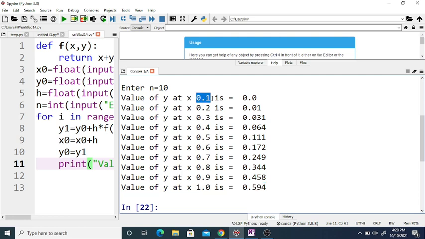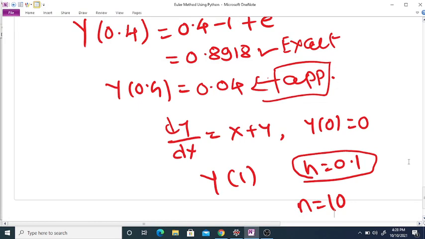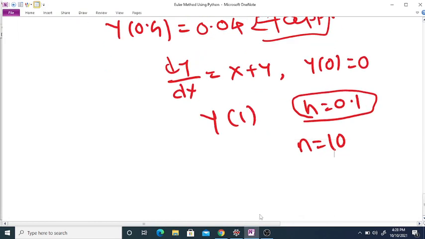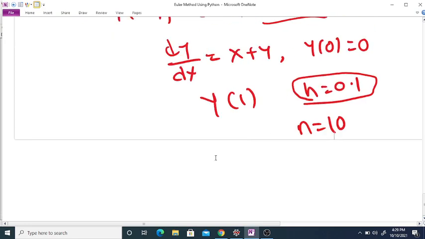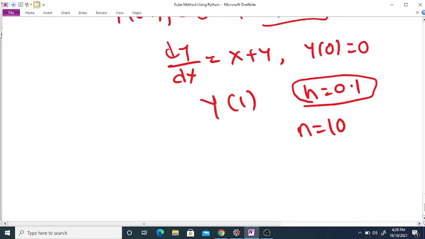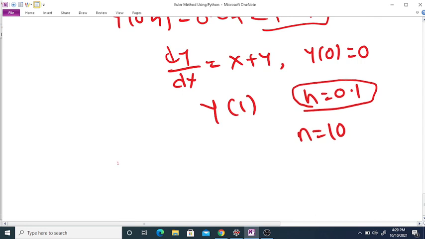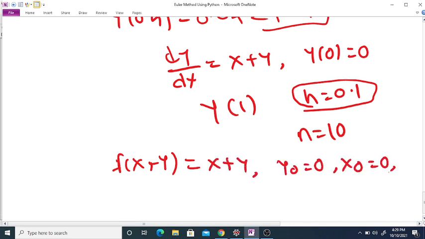At 0.1 the value is 0, at 0.2 it is 0.01, at 0.3 it is 0.031. You can manually also obtain this by using the Euler method. For example, if we evaluate the same, dy by dx, f of x y is equal to x plus y, y0 is equal to 0, x0 equal to 0, h is equal to 0.1.